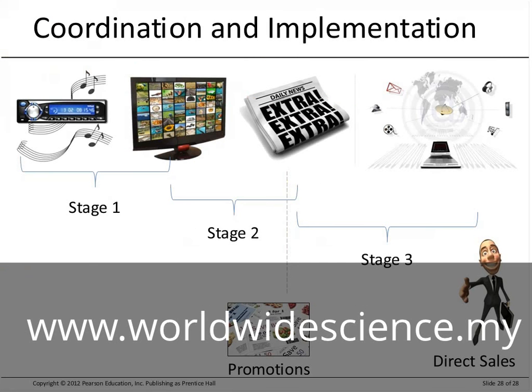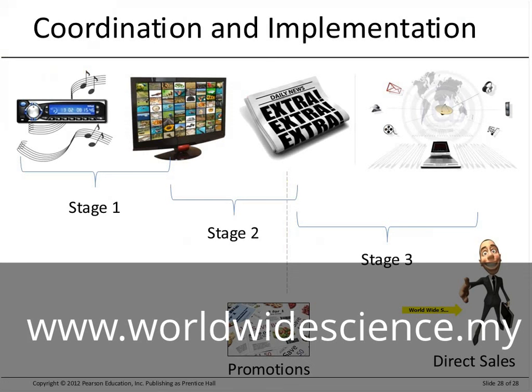Okay, what about the coordination and implementation? There are some stages. For example, the first time, from a radio message or something like this, you become aware, and after that using the advertisement, for example print advertisement, and also stage 3 is interactive and direct marketing, and also direct sales.